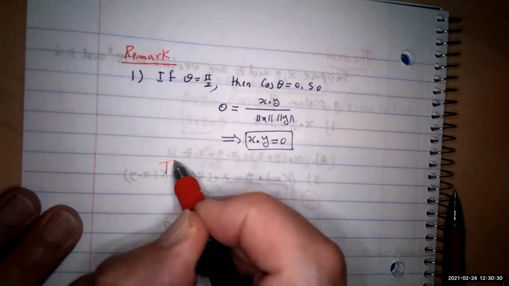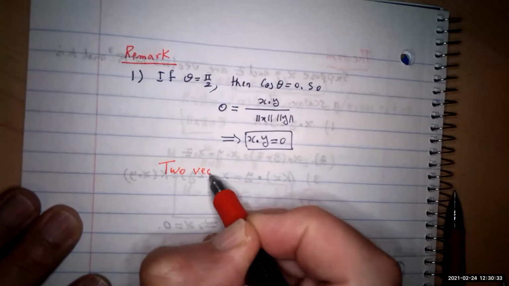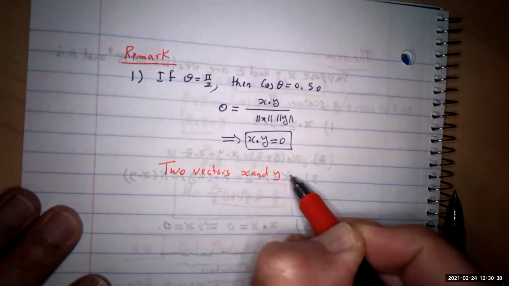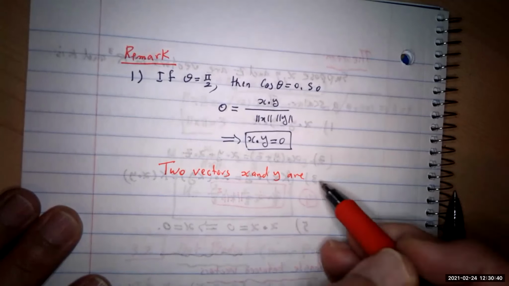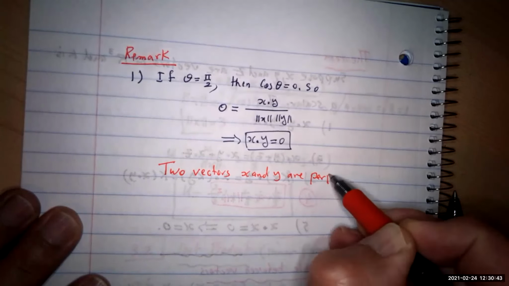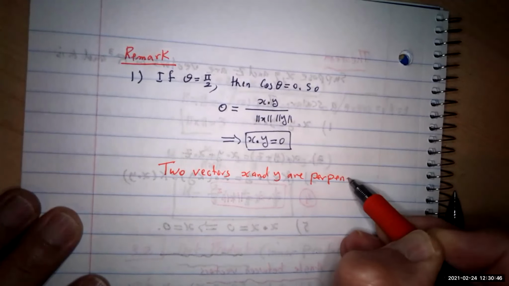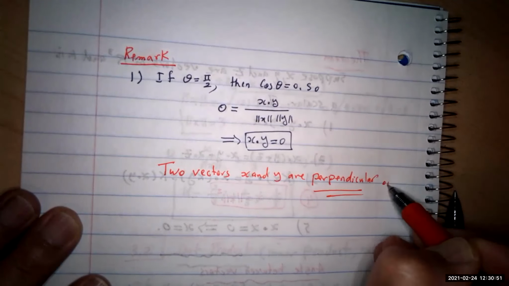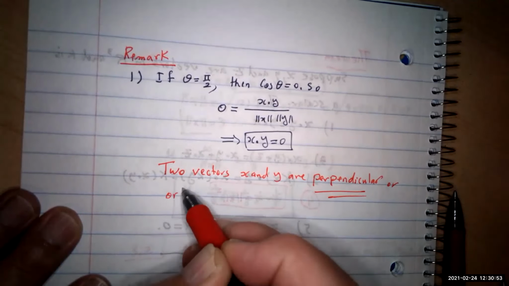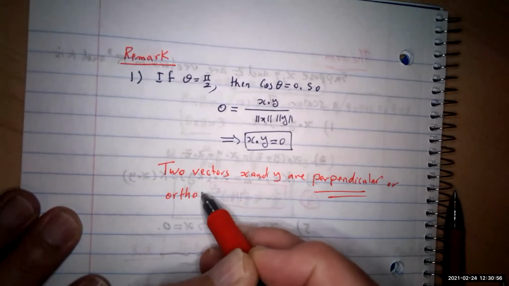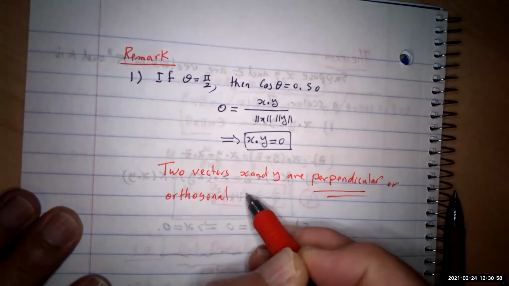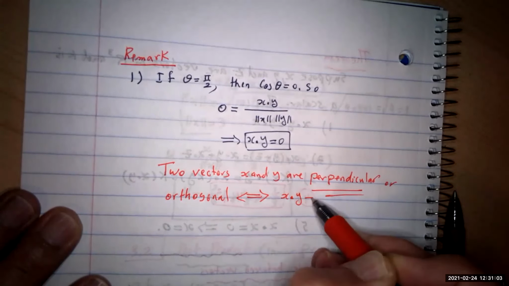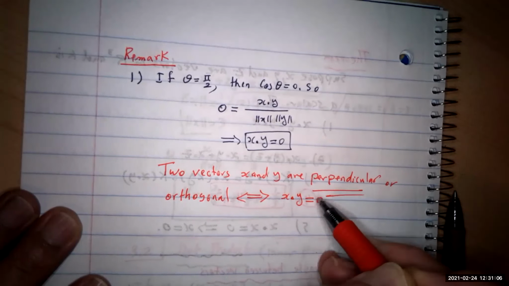So two vectors, x and y, are perpendicular, that's the expression, or orthogonal, if and only if the dot product x dot y is equal to 0.